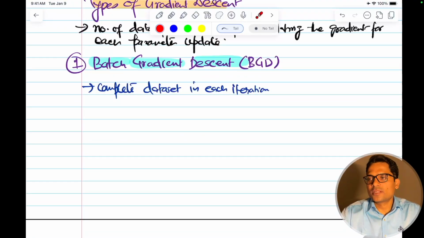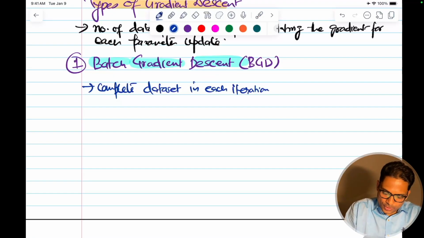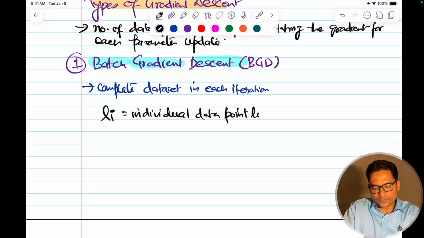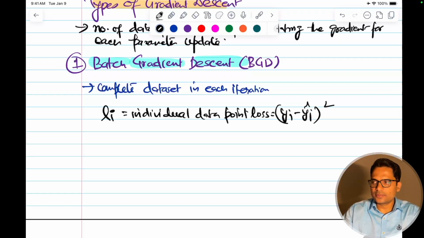Say, for example, I have a loss function small li. This is your individual loss function, the loss for an individual data point. This is equal to yi minus yi hat whole square. And li for weight w is for all the weights.